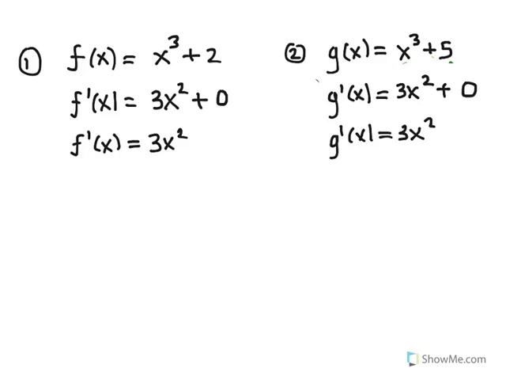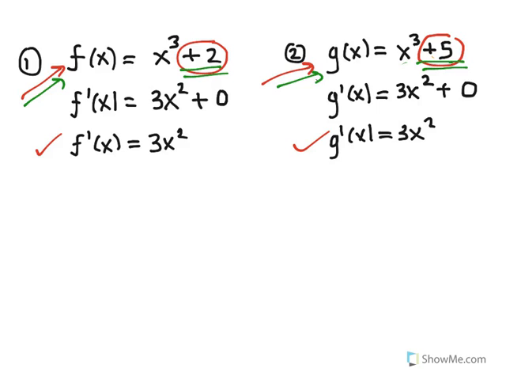You will notice one thing right away. The original functions were different. F of x was x cubed plus 2. G of x was x cubed plus 5. But they have the same derivatives. And why is that? That's because the only difference between the original functions was the constant that was added to x cubed.